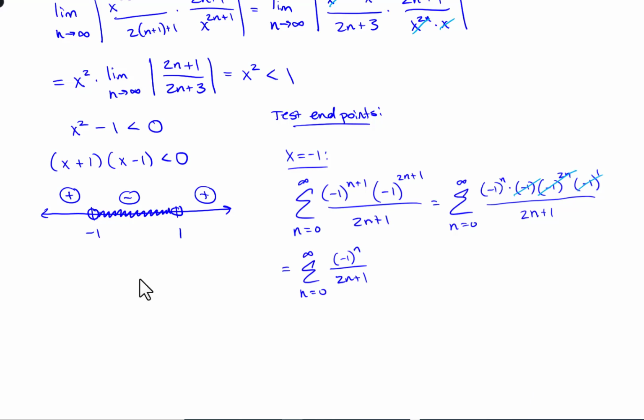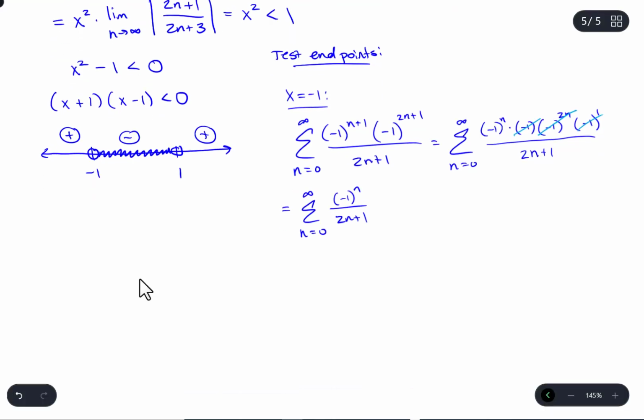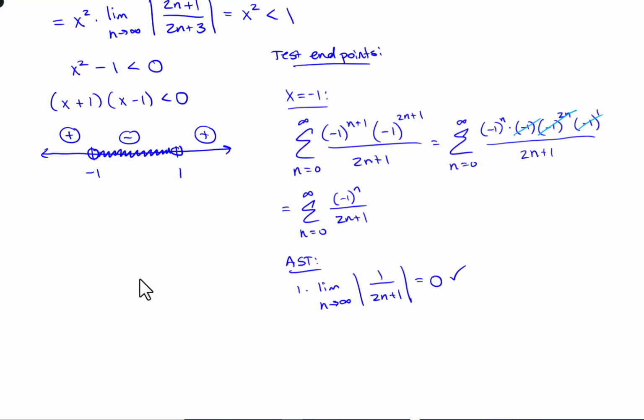Now, we need to figure out if this thing converges or not. So I think maybe the easiest thing to use would be the alternating series test. First thing we need is the limit as n goes to infinity of the non-alternating part of this to be 0, which indeed it is because the denominator is changing but the numerator is not. And then we would need this to be a decreasing sequence.